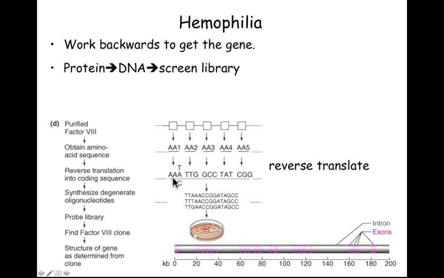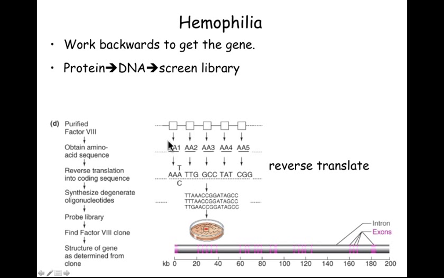Now the only trick with this is, as we've talked about before, the DNA sequence, the codons are redundant. So there's more than one codon which would encode a given amino acid. So in this case, AAC, AAA, or AAT would encode this particular amino acid.